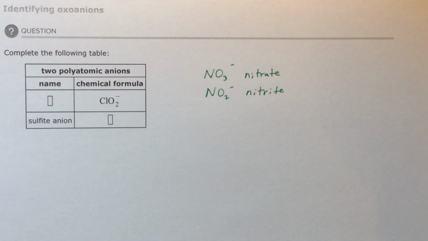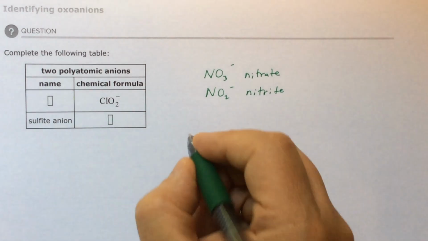In very rare cases, only two that I know of, both of them from group 7, oxyanions will form 4 different types. Okay, so let's do bromate.